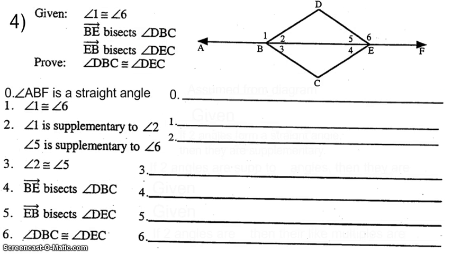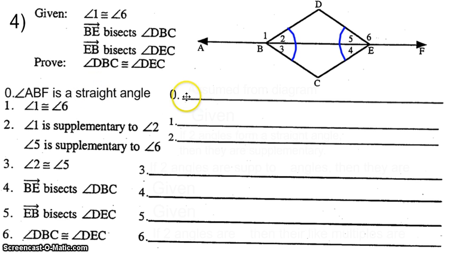For number 4, we actually need to add a step above because we are looking at angles 1 and 6, and we're going to be getting into the angles on the inside because of bisecting angle DBC and angle DEC. We're going to need supplementary at some point, which means we're going to need to put the straight angle.